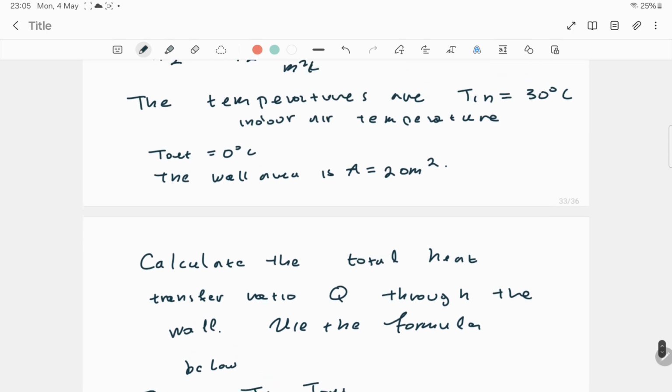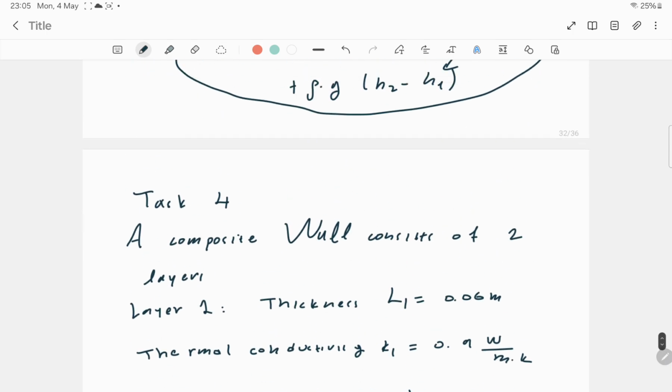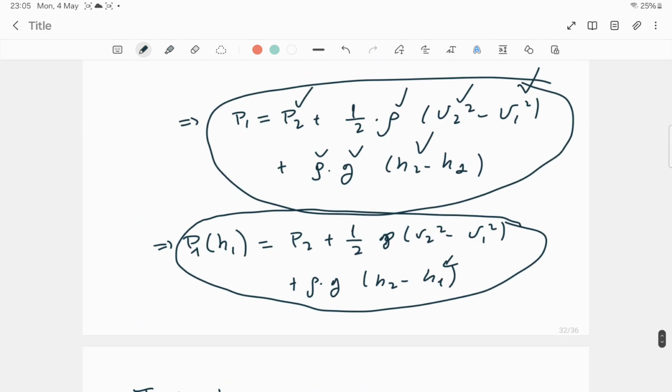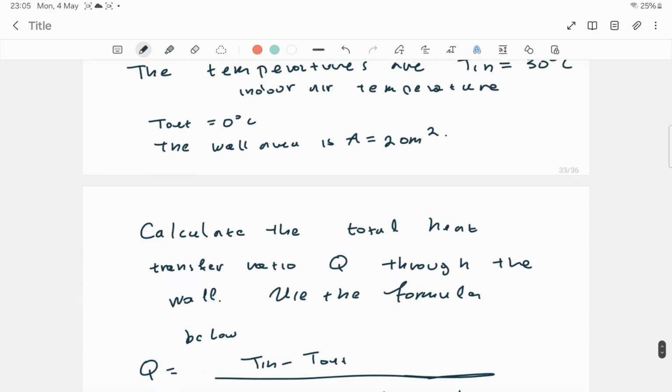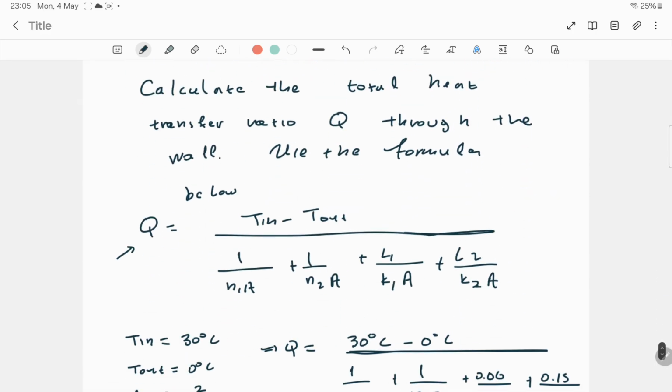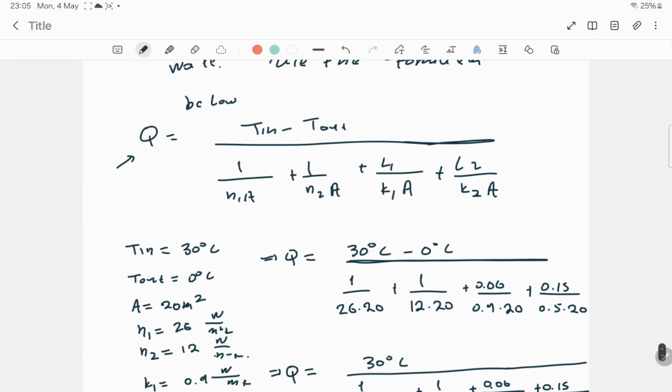Okay, all I have done is using this complicated formula here to find what is this heat transfer rate in watts.